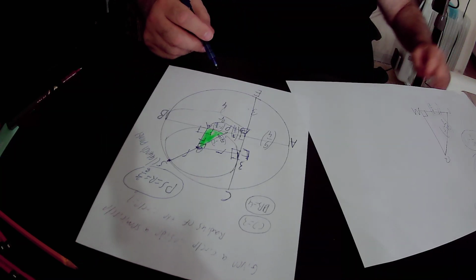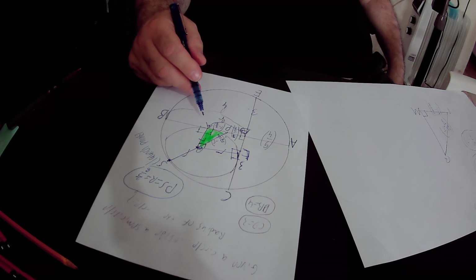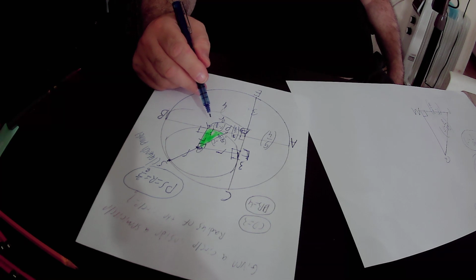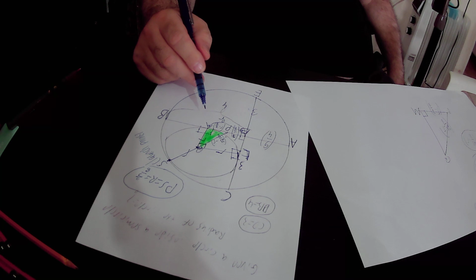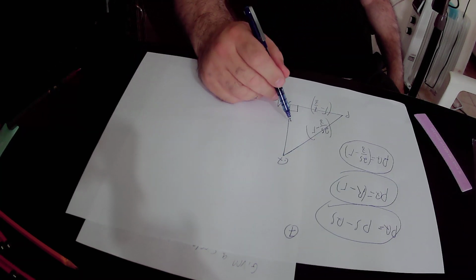And we have already found that QM is the radius of the small circle, that is to say it is equal to small r. Why? Because point Q is the center of the small circle. Point M is a point on the small circle itself, and this is exactly the definition of a radius. So QM equals small r.